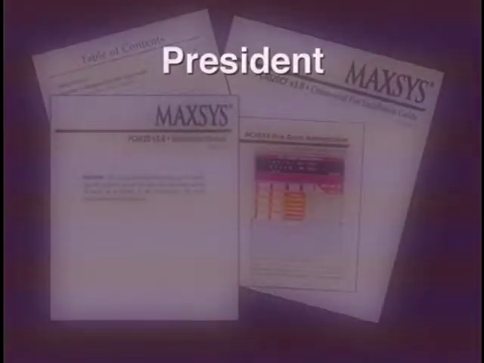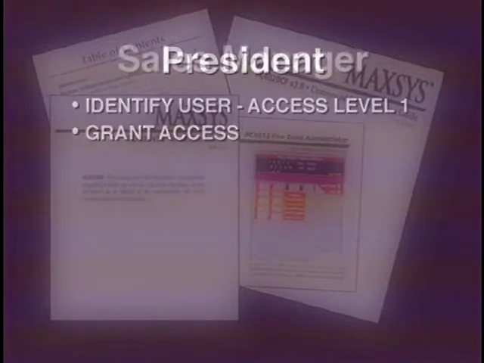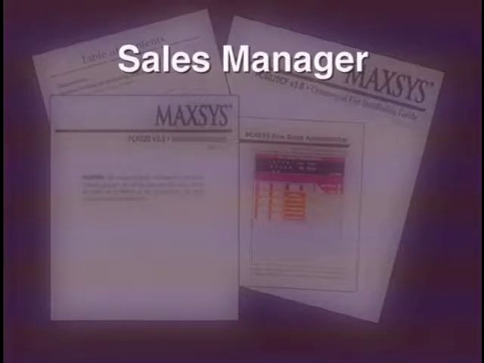The easiest way to understand the operation of the system is by looking at an example. The president is access level 1. If the president presents his card at the front door, the 4820 module will identify the user and check the access level. It finds that the user is access level 1, which means always, so access is granted. The sales manager is access level 2.